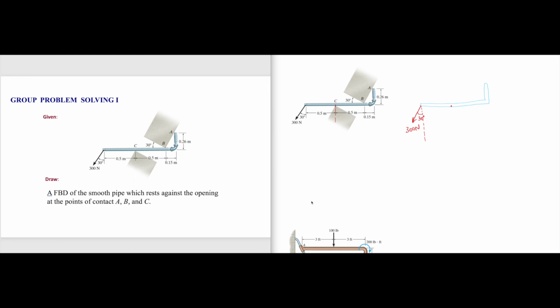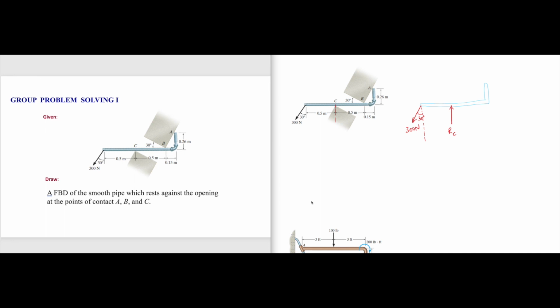That means it can go up, it can move left, it can move right. That means if it's free to translate along certain direction, you will not have reaction force, but you'll have a reaction force only in that direction that prevents its motion. That means in this case, it's prevented to move in the negative y, so you have a reaction force at C.